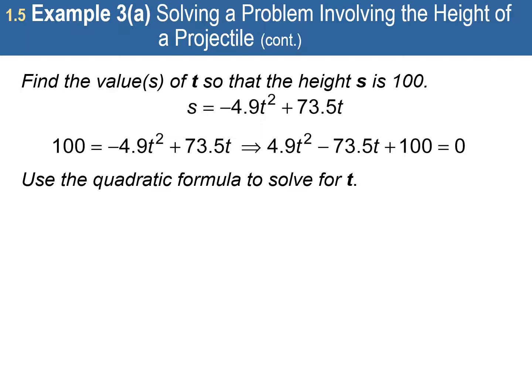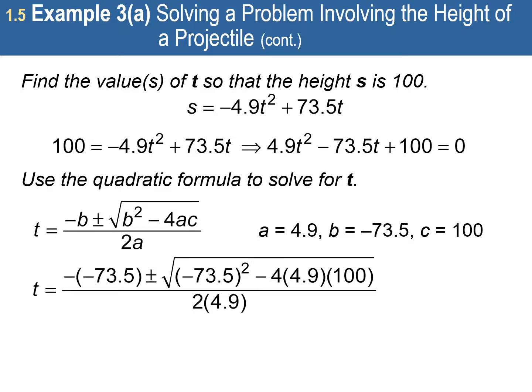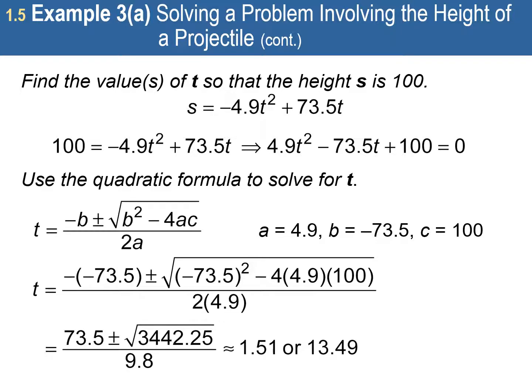And I'm going to use the quadratic formula to find t. In this case, A is 4.9, B is negative 73.5, and C is 100. Plugging in and cranking through my algebra, I get 1.5 or 13.49.